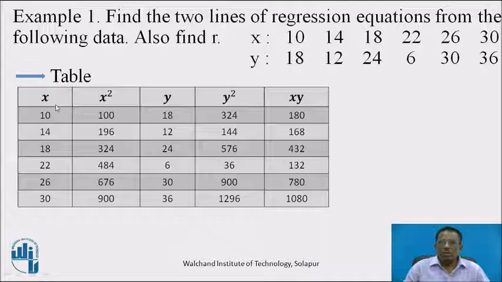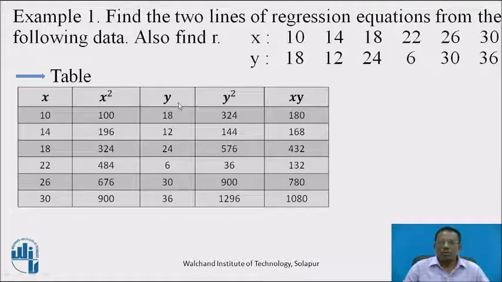In the first column, we write the given values of x, that is 10, 14, 18, 22, 26, 30, and then in the second column write the square of each value of x and denote it as the x square column. So, square of 10 is 100, square of 14 is 196, square of 18 is 324, square of 22 is 484, square of 26 is 676 and square of 30 is 900.